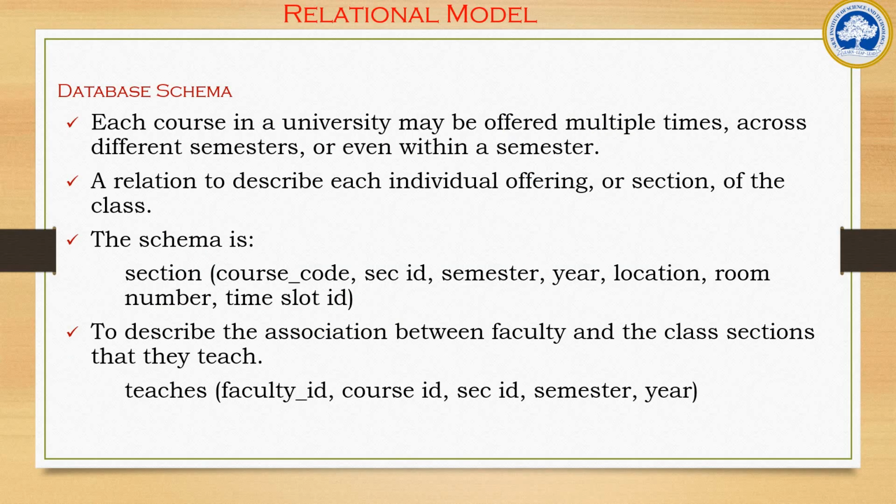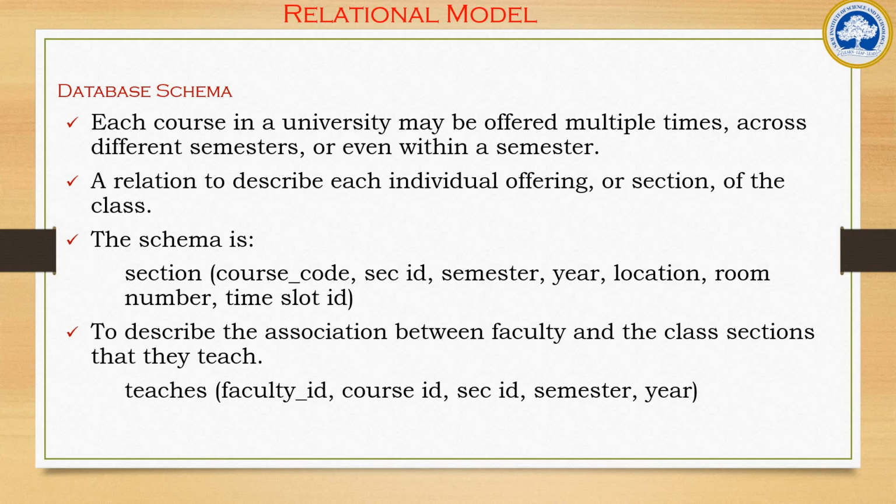Similarly, we can have different schemas if we take the university. The university may offer courses multiple times in different semesters. Each and every course may be different each and every semester. So a relationship is needed to describe each individual offering, the sections of the classes. The section schema has the attributes course code, section ID, semester, year, location, and room number.